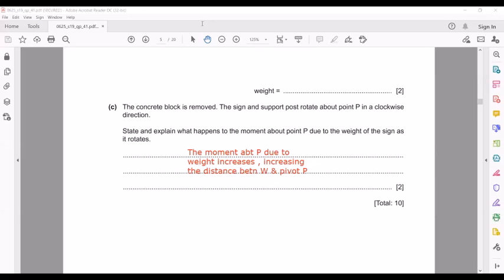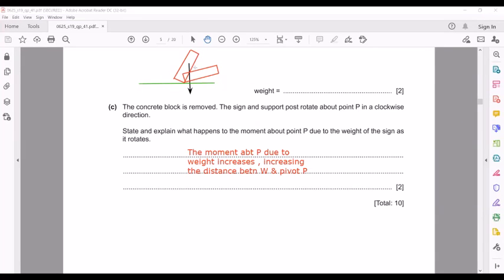So when the object is toppling, for example, say you have an object which is slightly tilted, and the weight of the object is acting down. Now what happens as this object topples, the new position of this object is this.